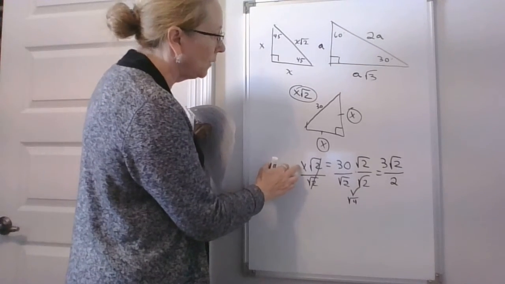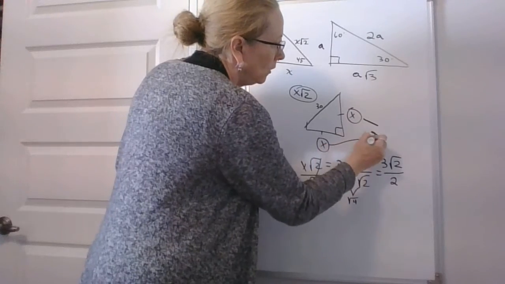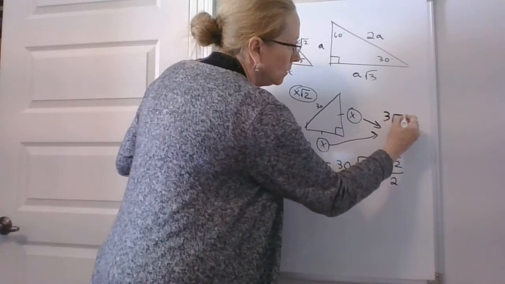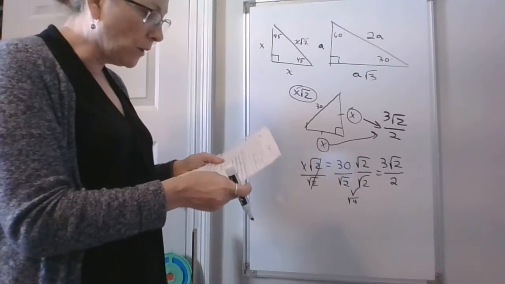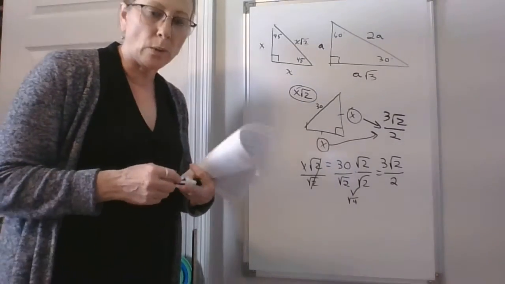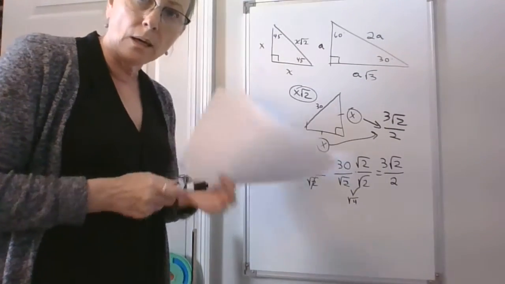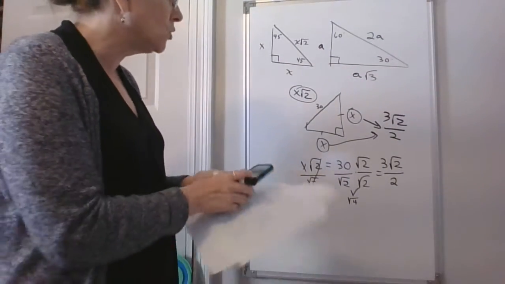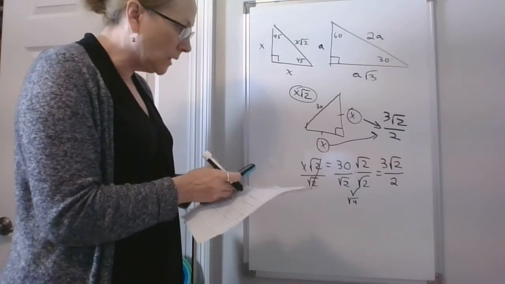So now for x, for both of these x values, your answer would be the 3 root 2 divided by 2. Now for the Chinese plate problem, I believe it asked you to round it. I forgot to write down whether it was rounded to the nearest whole number or tenths, but I'm sure it's tenths. So you may want to just put that into your calculator.